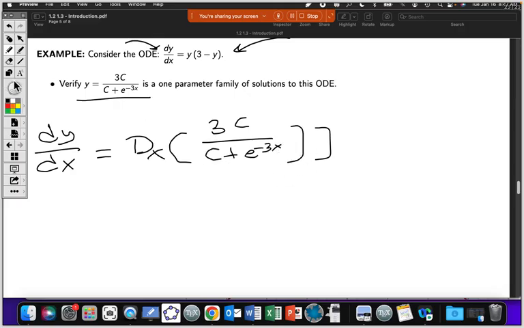Now, what could you do here to help you simplify taking this derivative? Do you have to bust out the quotient rule?